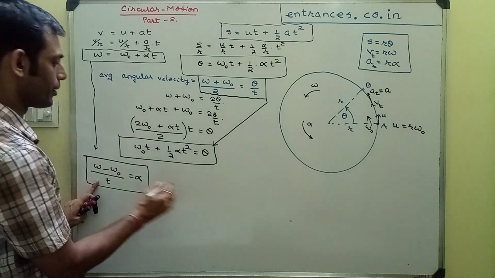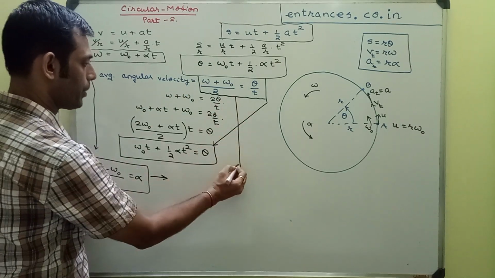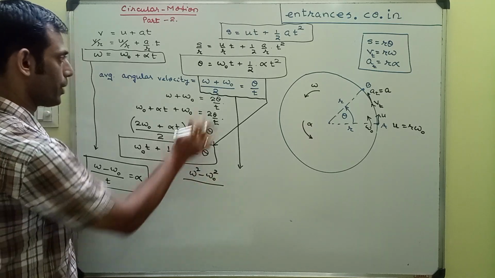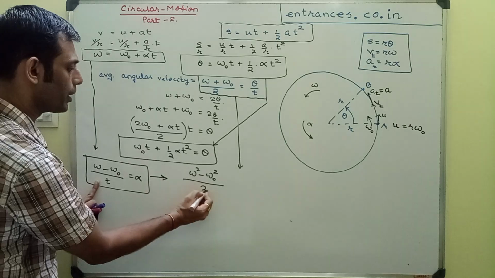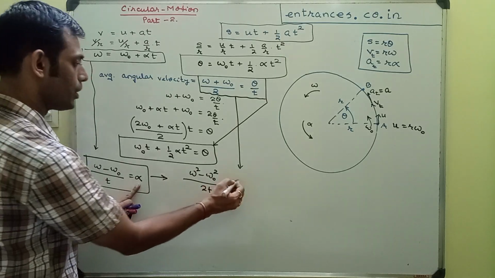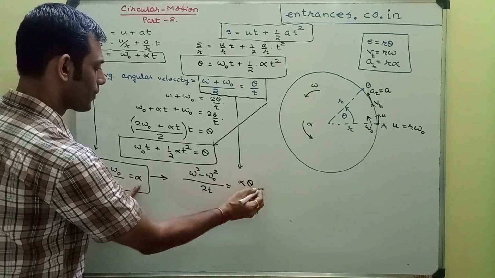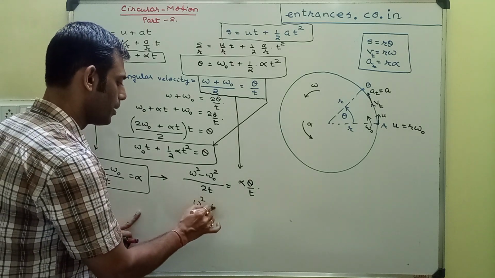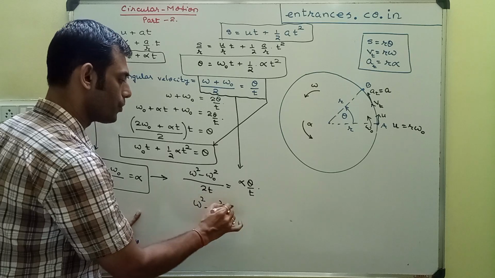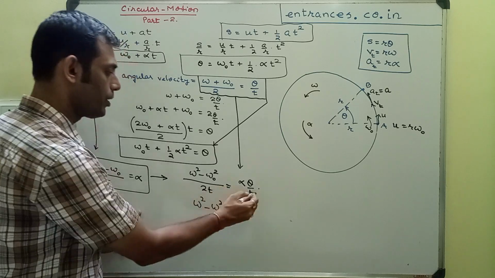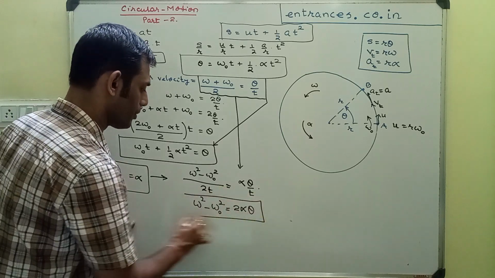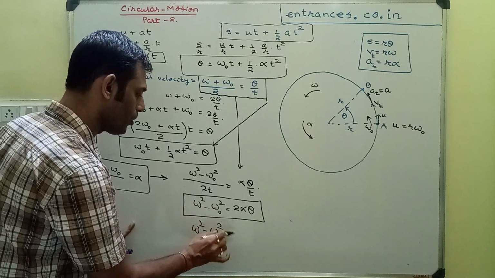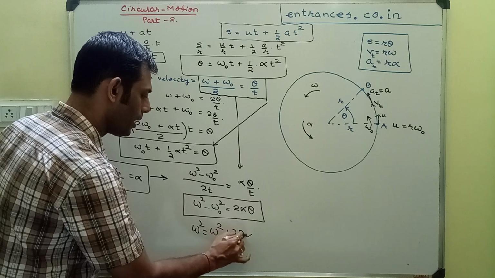If we multiply these two, we have omega square minus omega naught square in the numerator product, 2t in the denominator product, is equal to alpha theta by t. This is what we will have. Theta goes, and we have omega square minus omega naught square is equal to 2 alpha theta. T cancels both sides, and this is another equation which alternately says that omega square is equal to omega naught square plus 2 alpha theta.